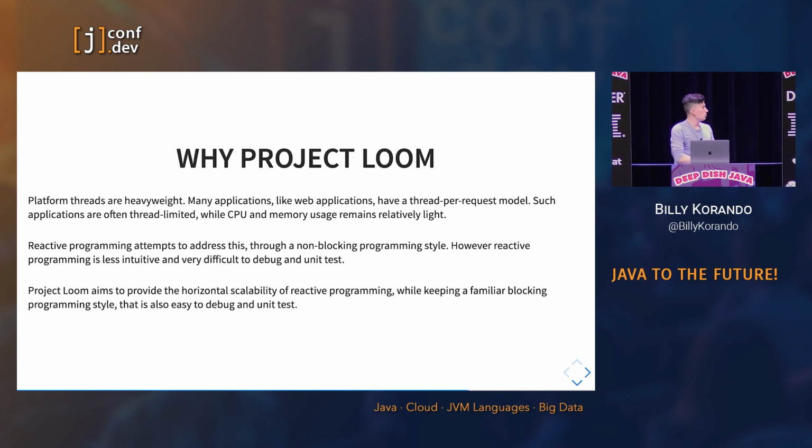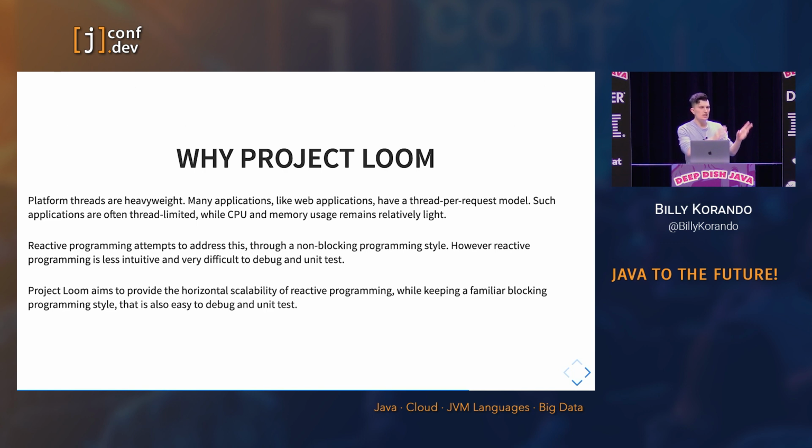Again, why Project Loom? As I mentioned, platform threads are heavyweight, but many applications, particularly web applications, which a very large number of Java developers work on, use that thread per request model. So every time someone comes into your application, making a call into it, that is going to dedicate an OS level thread to it. And you will often quickly run out of threads before you run out of memory, CPU, or anything like that.